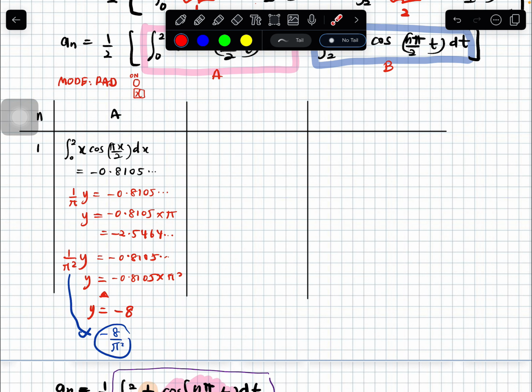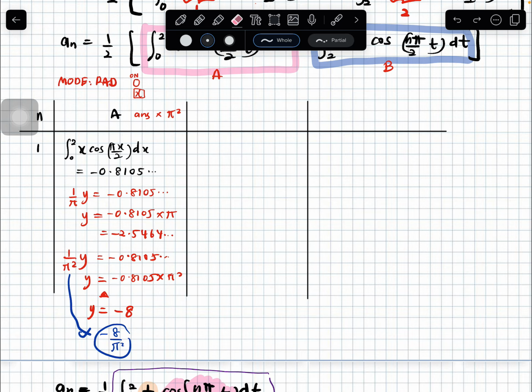So for the A column, the answer should be multiplied by pi square, and your answer should have this form, 1 over pi square.